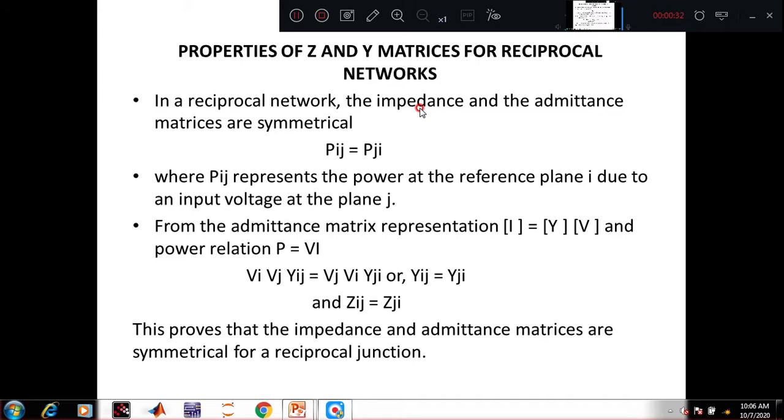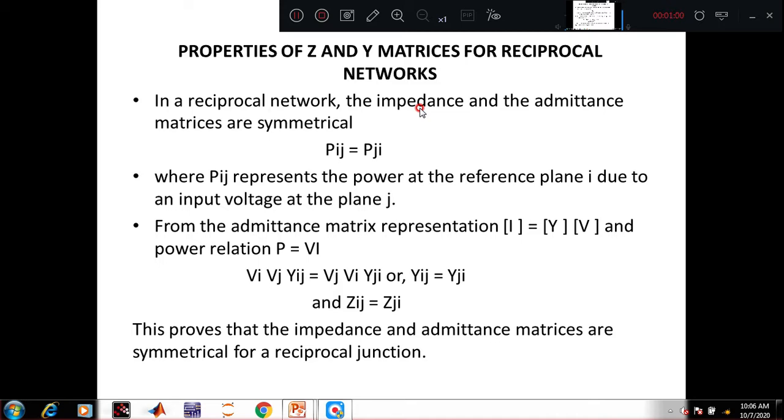So before I discuss the scattering parameters in detail, let me discuss some of the properties of the Z and Y matrices for a reciprocal network, right? And we know that for any reciprocal network, the power measured from either side will give you the same amount of power.